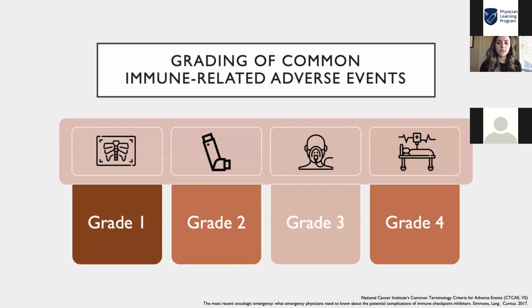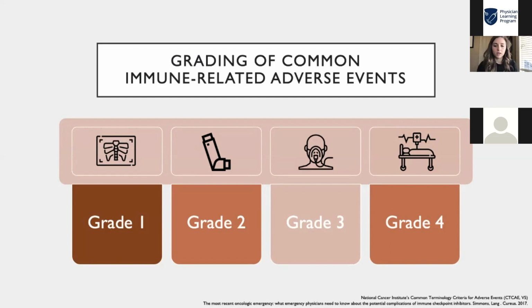So the US National Cancer Institute has created a grading scale for understanding and defining adverse events related to the use of any medical procedure or treatment. And this is how we grade adverse reactions related to checkpoint inhibitor therapy. So grade 1 is defined as patients who are asymptomatic or have mild symptoms. These patients require observation only, and intervention is generally not recommended.